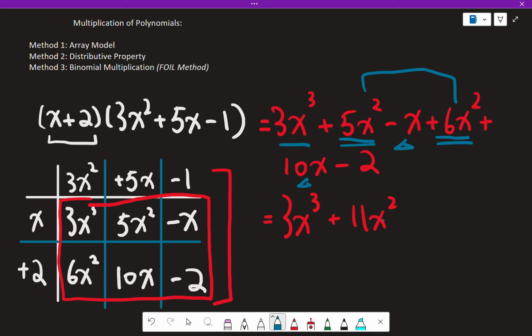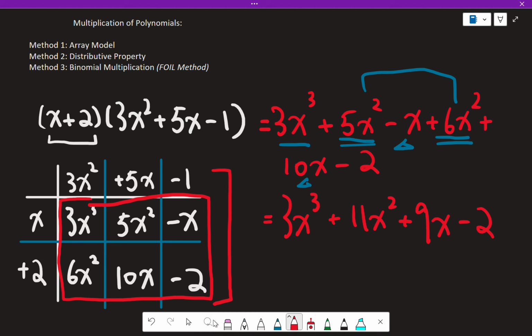We have this 10x right here. So if we combine these two terms, negative x and positive 10x, we will get positive 9x. And then this constant term, there's only one constant term. So, based on this array model, we will get that the result of x plus 2 times 3x squared plus 5x minus 1 is 3x cubed plus 11x squared plus 9x minus 2.